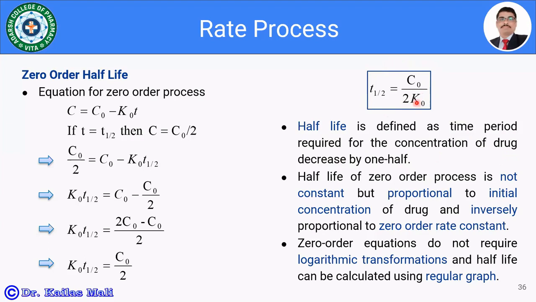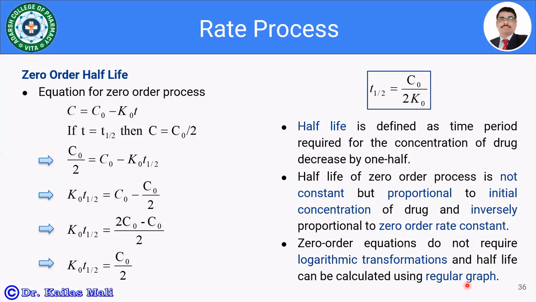As one of the features of the zero order process, the equations do not require logarithmic transformations, and half-life can be calculated using regular graph paper. There is no need to use a semi-logarithmic plot. There is no need to convert the data into logarithmic form.